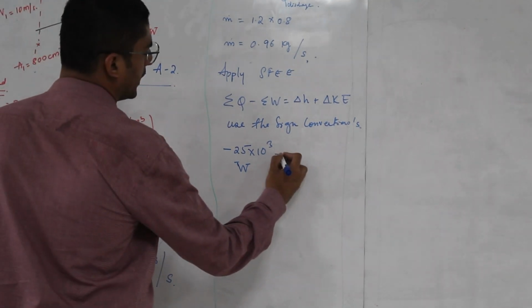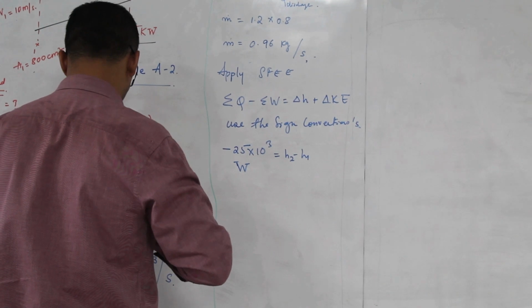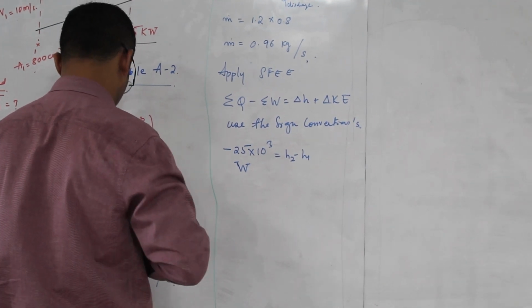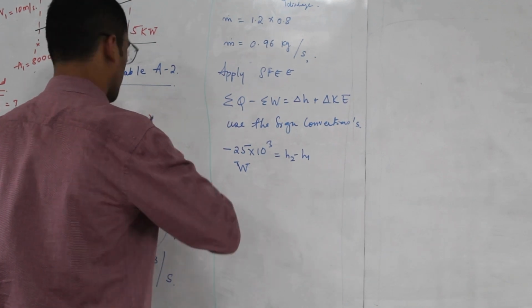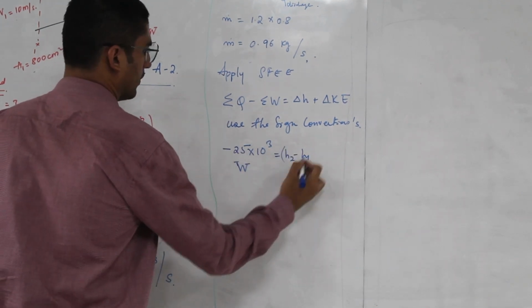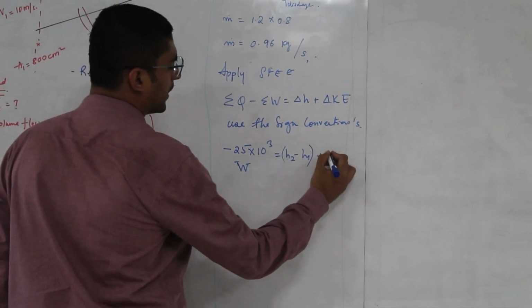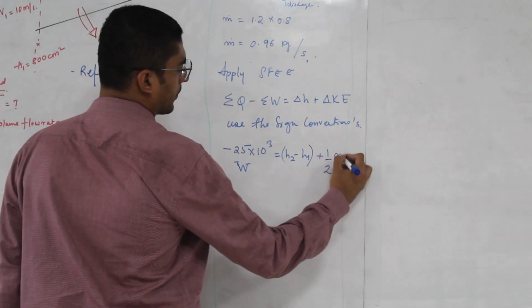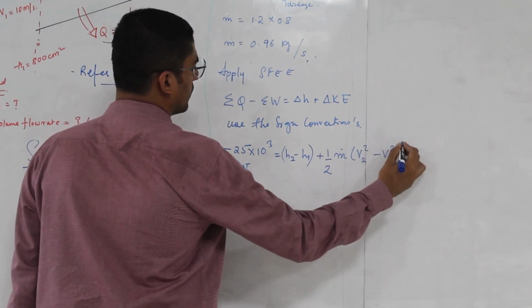Now this will be equal to H2 minus H1 plus delta KE, which can be written as half m dot into V2 square minus V1 square.